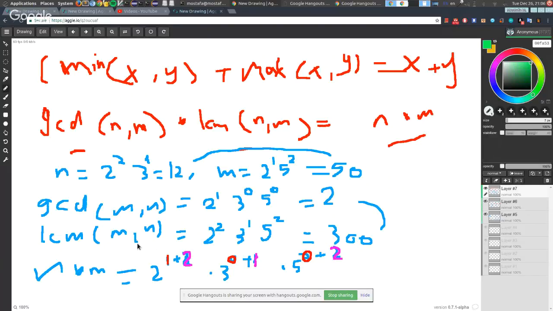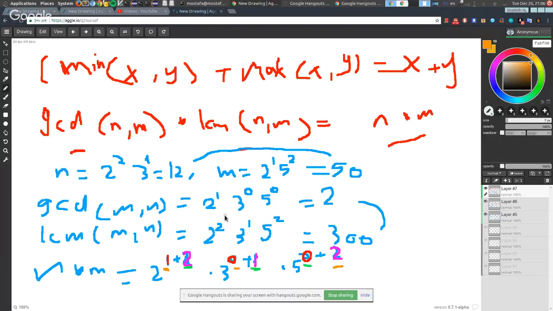And what comes from the n is 2, 1, and 0, and what comes from the m, like the second, so the 50 here, is these powers.